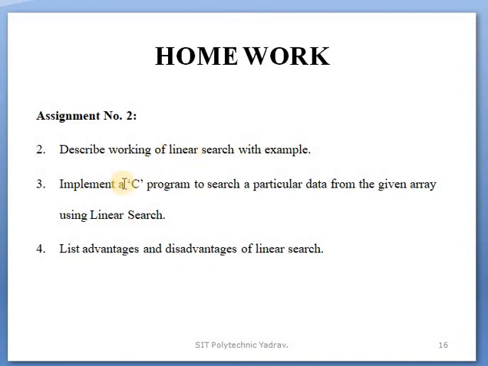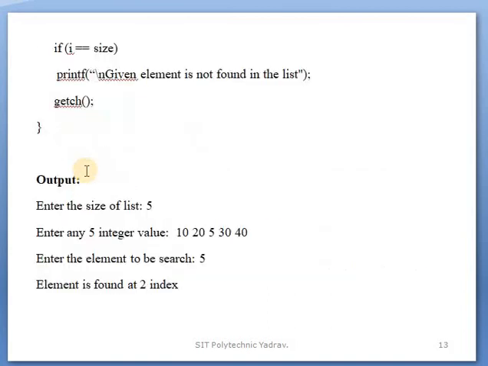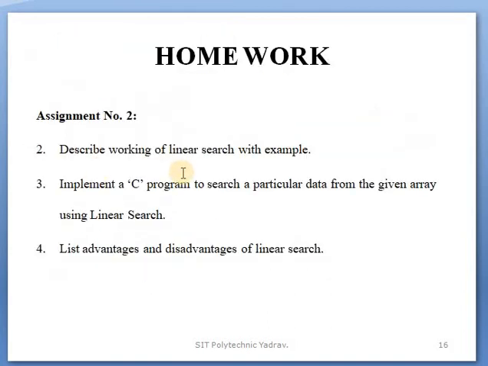Implement a C program to search a particular data from the given array using linear search. Write the C program and its output. Another question asks to list the advantages and disadvantages of linear search, probably for 2 or 4 marks. Not all our slides are to be written in every question.